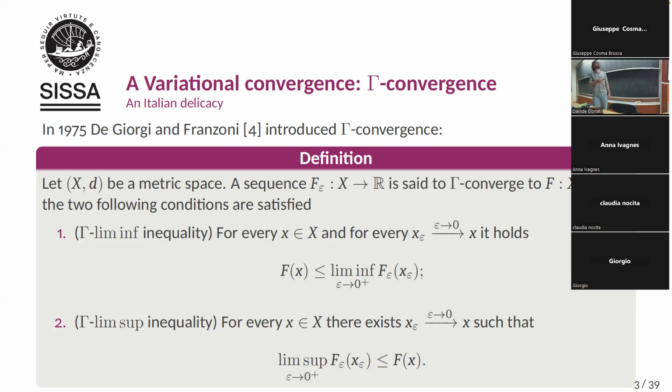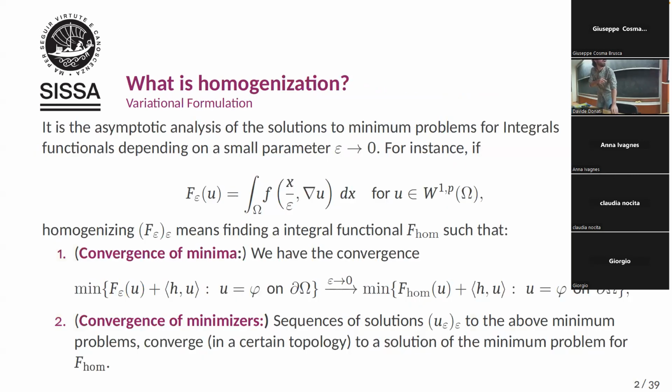First, we have the gamma liminf inequality, which says that for every sequence x_epsilon converging as epsilon goes to 0 to a given point x, this inequality from the right will hold true. And the gamma limsup inequality will require us to build a specific x_epsilon converging to any given x, for which this inequality from the left instead holds true. Under certain hypotheses on the sequence of functionals f_epsilon, this notion will imply 1 and 2, for example if f is coercive.